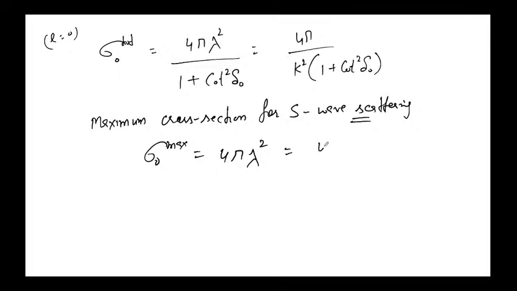So the maximum value is 4 pi over k square.